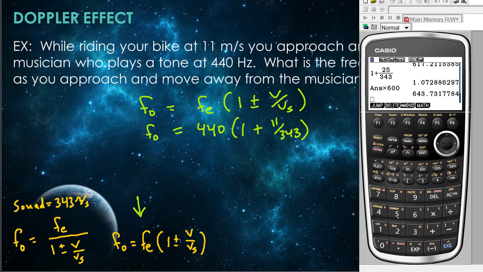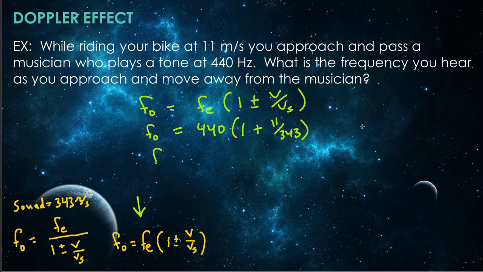We'll go ahead and type that in. We'll want to just be careful how we type it. All right, and 454. So a little bit higher. You're also not going that fast. And now as we move away, so we just did the as we approach.